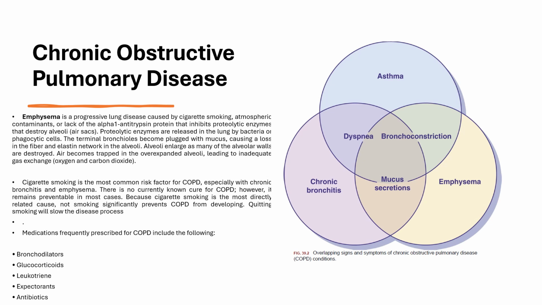Smoking is often linked to the development of emphysema. A less frequent cause is an inherited alpha-antitrypsin deficiency. Symptoms often begin insidiously and are progressive.